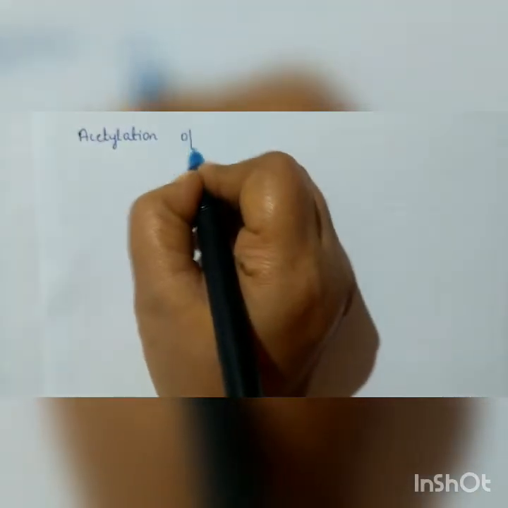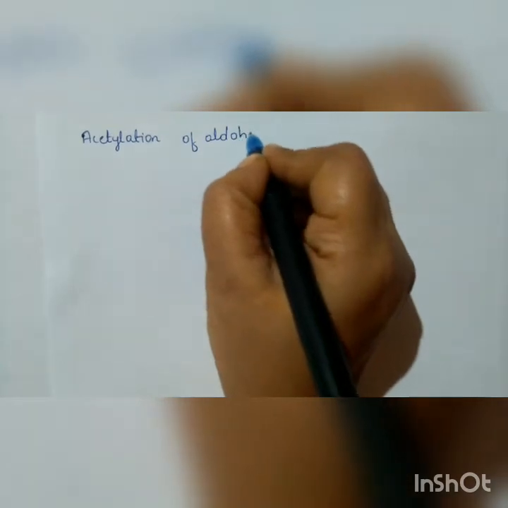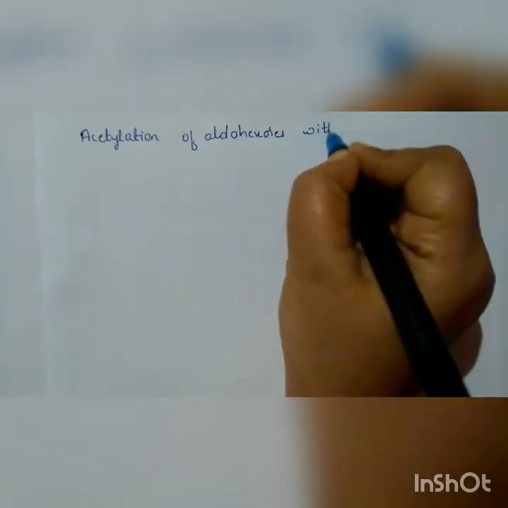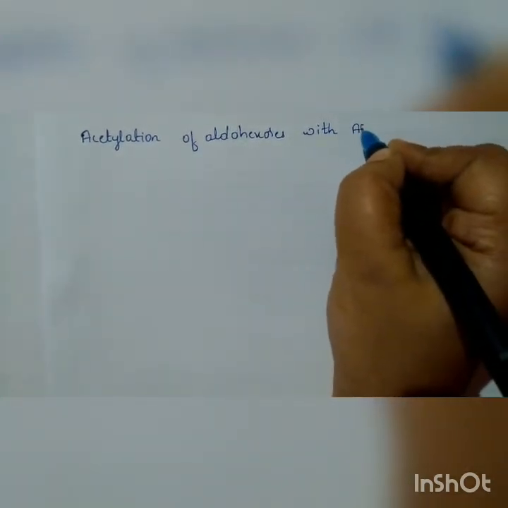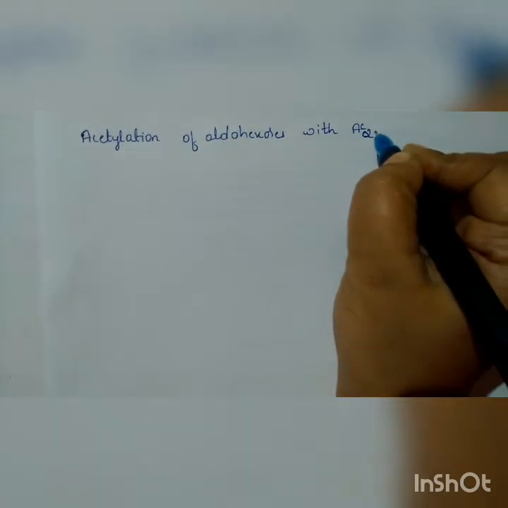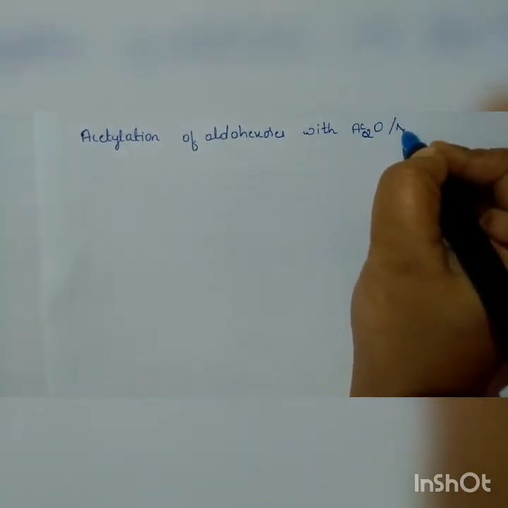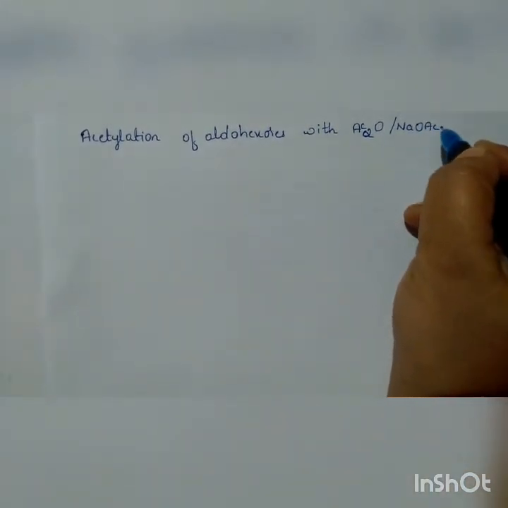Acetylation of aldoses or aldohexoses with acetic anhydride, that is Ac2O, in the presence of sodium acetate.